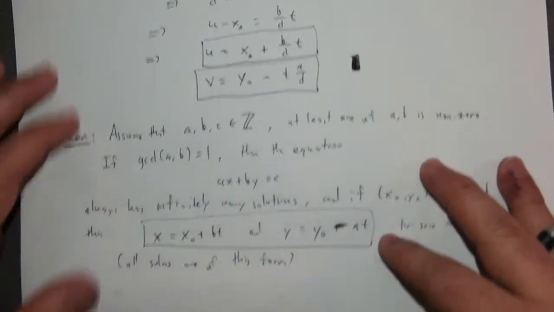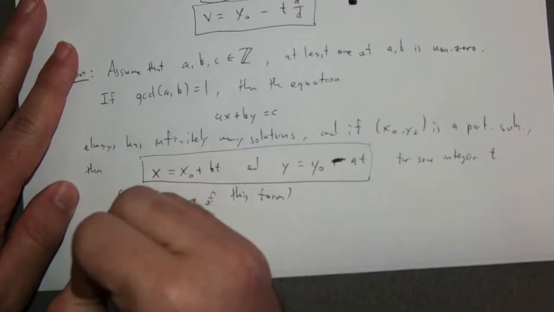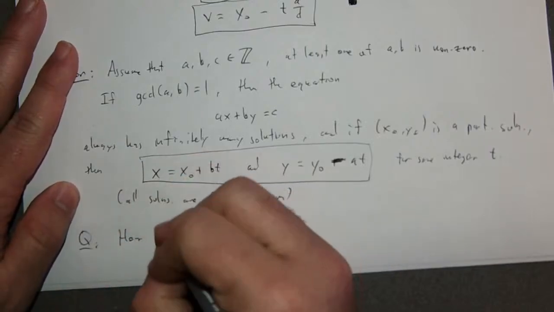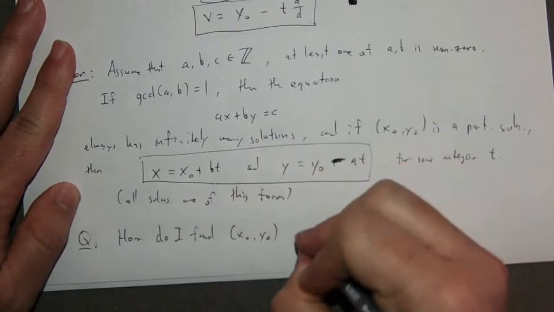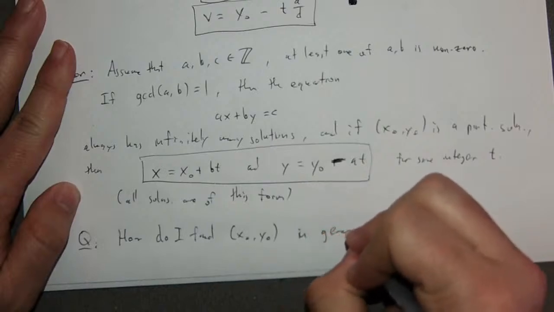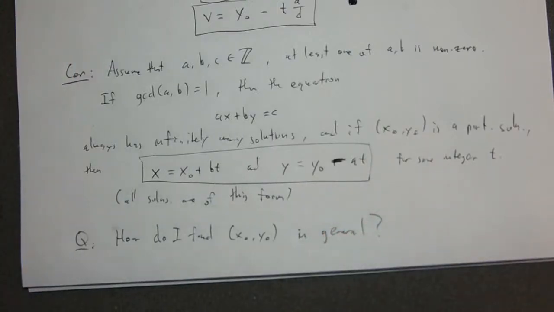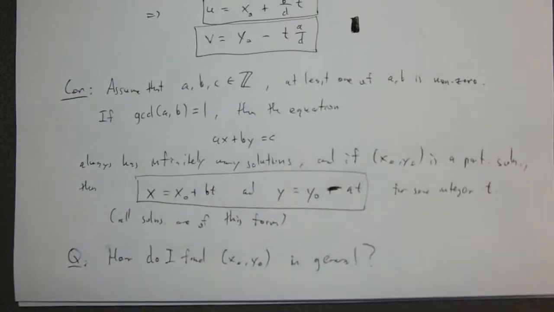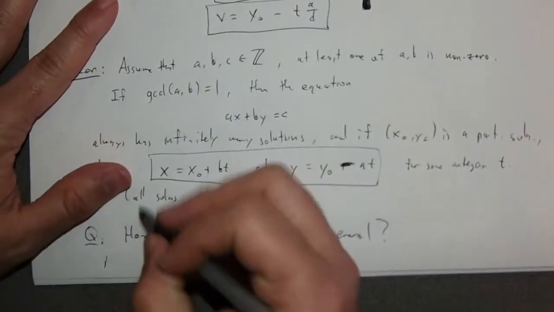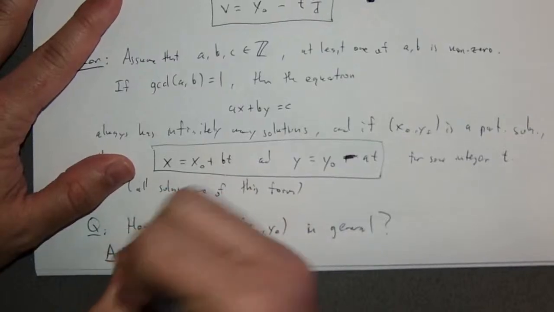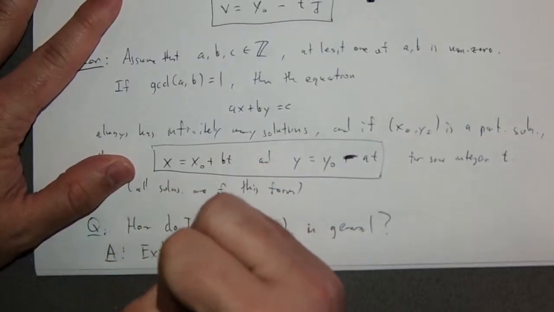But the question is, how do I find x naught, y naught in general? How do I find a single solution to get me going? A method that is always going to work is the extended Euclidean algorithm. So the answer here is: the extended Euclidean algorithm always works.